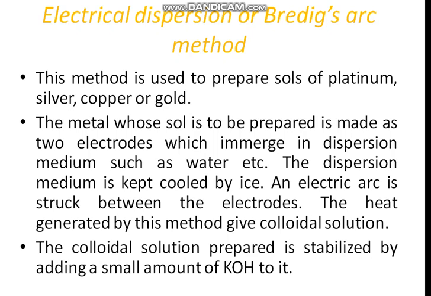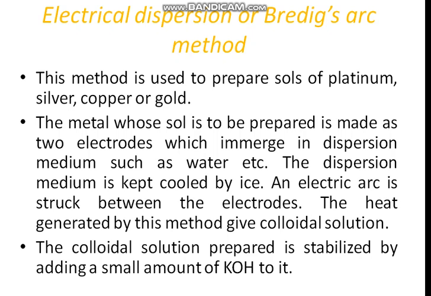Second is the electrical dispersion method or Bredig's arc method. As the name suggests, here electricity is used to convert particles into the colloidal range. In this method, sols of platinum, silver, copper or gold are prepared.